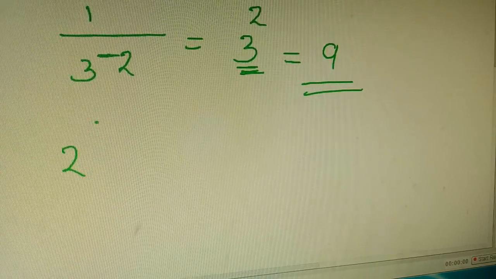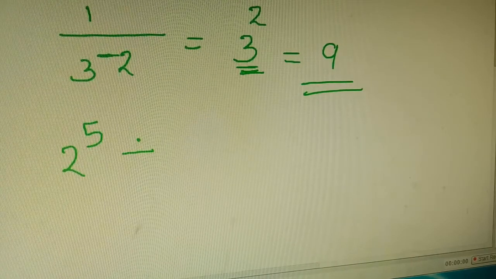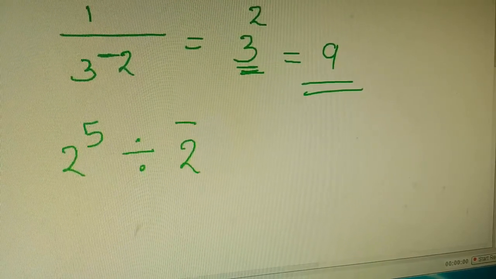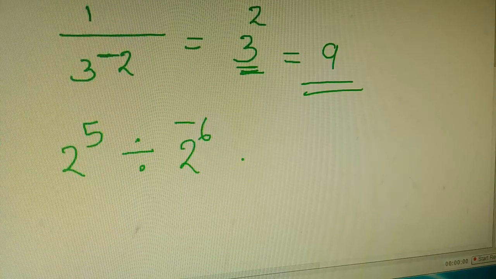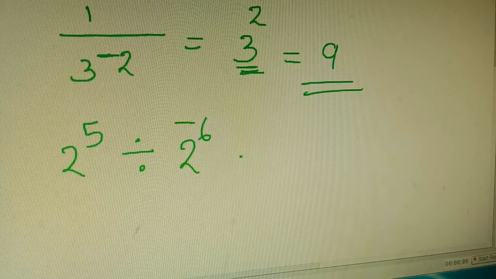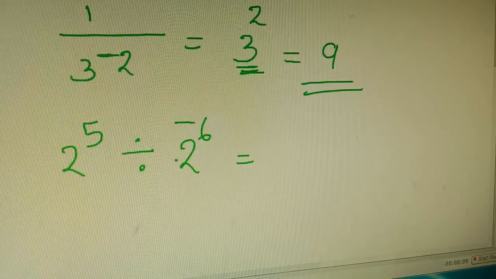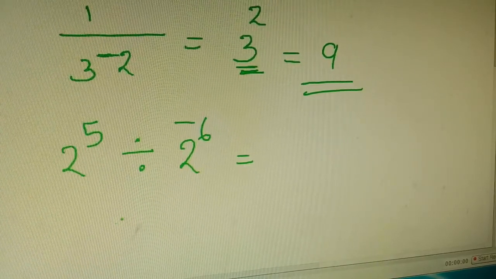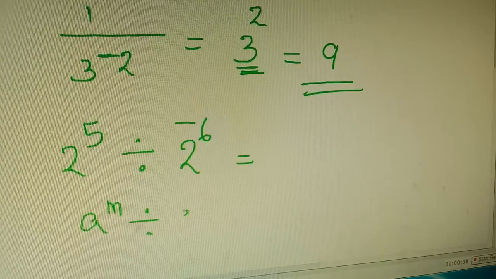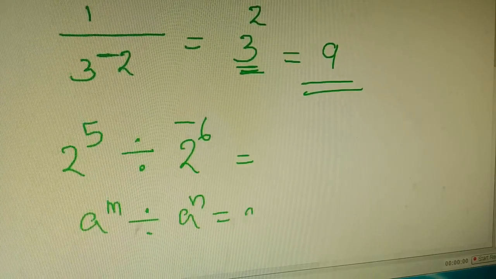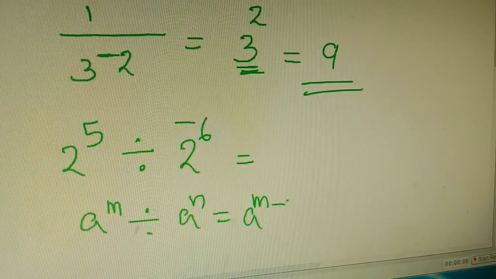2 to the power of 5 divided by 2 to the power of negative 6. So how can we write? That is a division. Bases are same. So the law we can apply, a to the power of m divided by a to the power of n is equal to a to the power of m minus n.